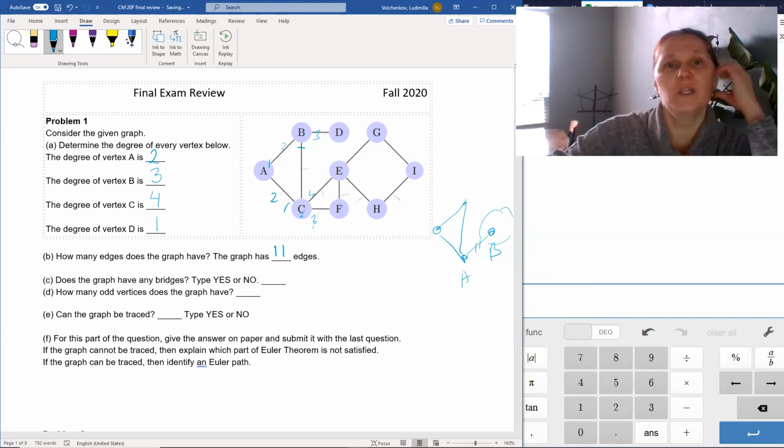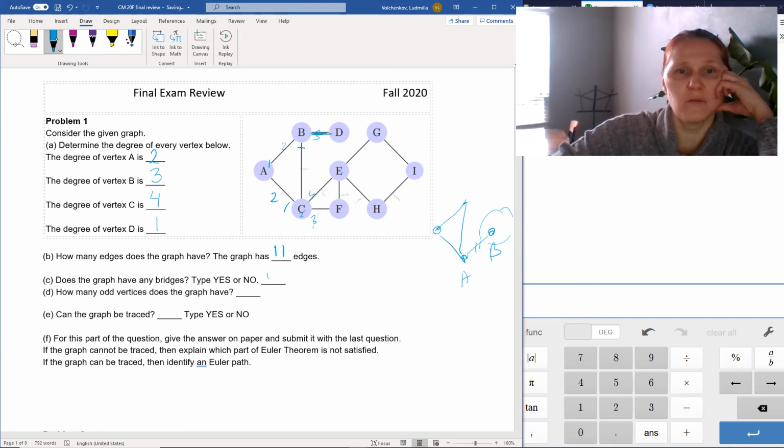We have this situation here, the line BD. If we remove this line, then D will be disconnected from the rest. So the line BD is a bridge, and we write yes here. If D would be connected to E or to G, it's not a bridge anymore.